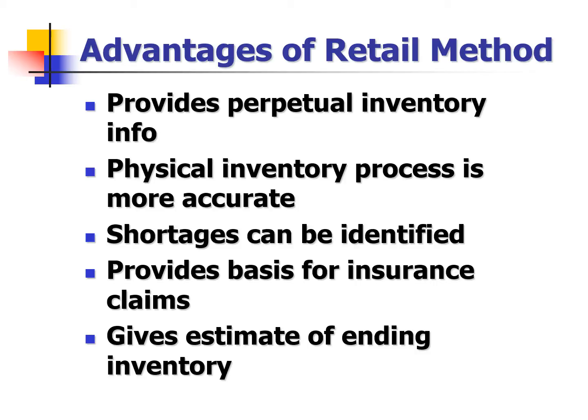When you do take the physical inventory, you always want to compare it with what the book inventory says, what the record says. If you keep track of the inventory in your record at the retail value, then a direct comparison is possible between the book inventory, the recorded inventory, and the physical inventory, which makes the physical inventory process a lot more accurate because you can actually pinpoint the differences.